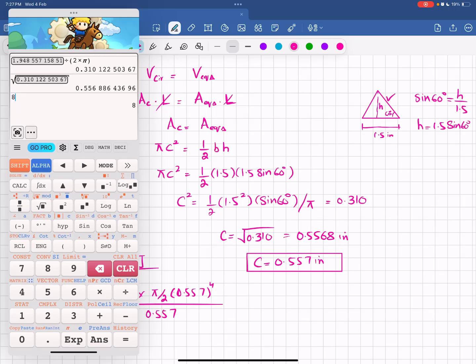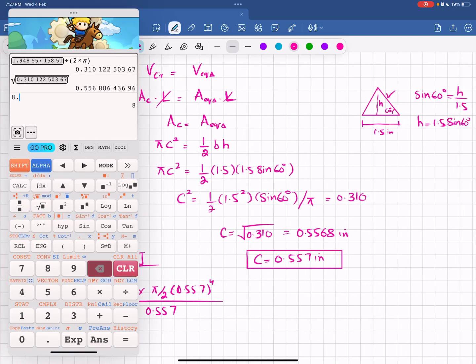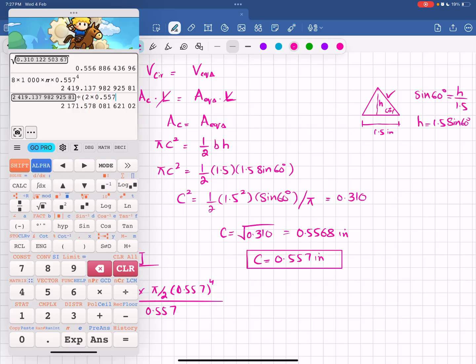So 8 into 10 raised to the power 3 multiplied by pi multiplied by 0.557 power 4, divided by 2 multiplied by 0.557, and you can see this is 2171.5 pounds into inch.